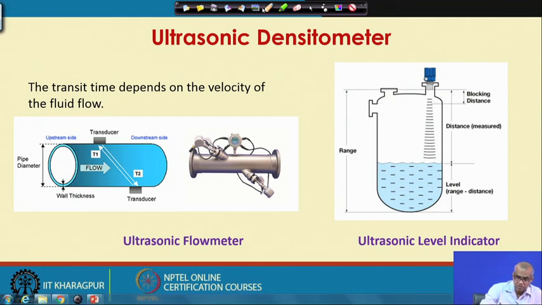What you see here is a schematic and also a real image of an ultrasonic flow meter. So, the basic principle is very simple. You have a transducer here, you have a transducer here. So, ultrasound can be, say, emitted from here and this can be received here.